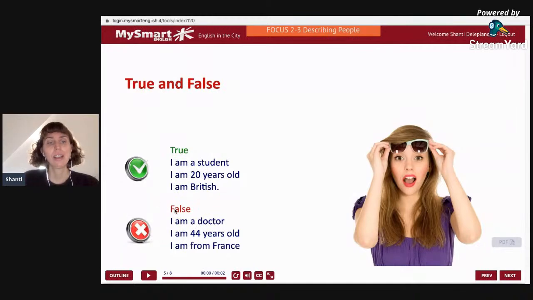False. How do we say if it is not correct? What is the negative? I am a doctor is positive. I am a doctor is a positive example. If I want the same example but in the negative form, what is the negative of I am a doctor? Do you know what's the opposite of I am a doctor?